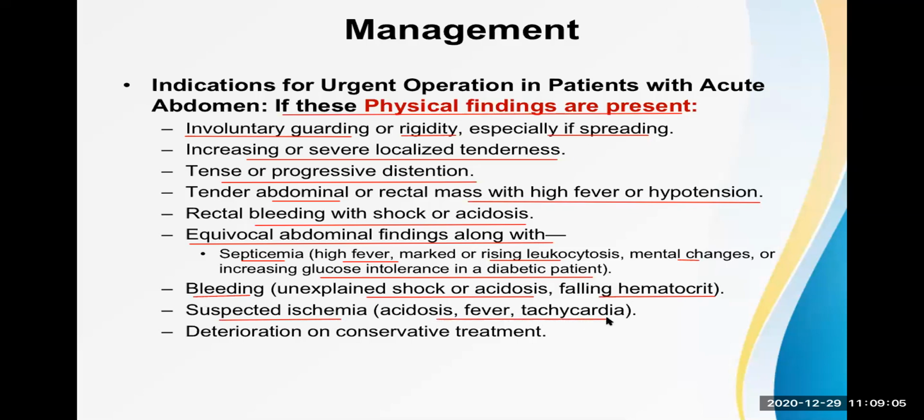These are the findings: acidosis, fever, and tachycardia in a relatively older patient who has some risk factors involved, and deterioration on conservative treatment. A good example I can give is appendicitis. These days, if appendicitis is detected quite early, we can go for conservative antibiotic treatment also. But if that patient is deteriorating, then there's no option left other than surgery. So these are very good indications.